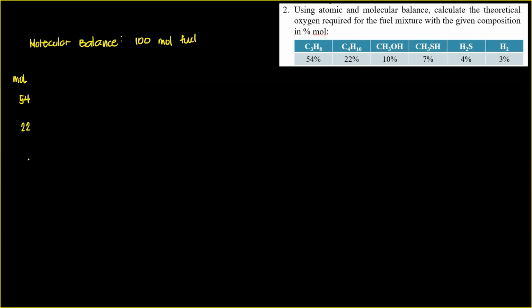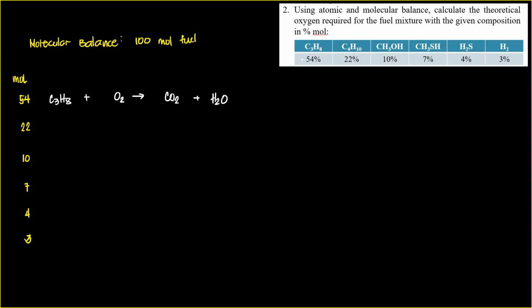54, 22, 10, 7, 4, and 3. So here, C3H8, let's add oxygen to form carbon dioxide and water vapor.